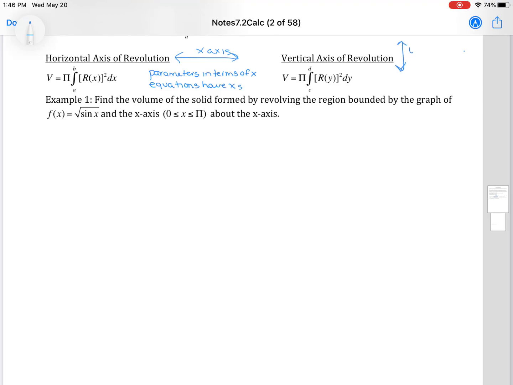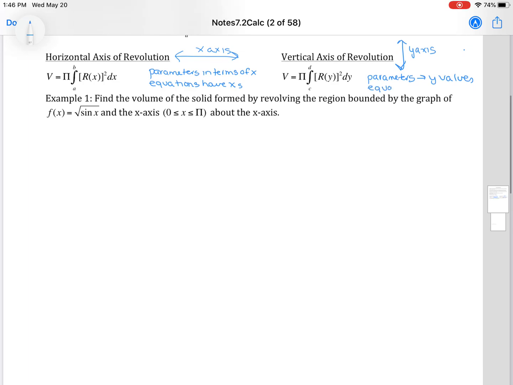Now for a vertical, that's like the y-axis, so that shifts. Parameters are y values, and the equations have y's in them this time. So you're going to probably have to solve for the y value. You're going to have to sort of switch it.